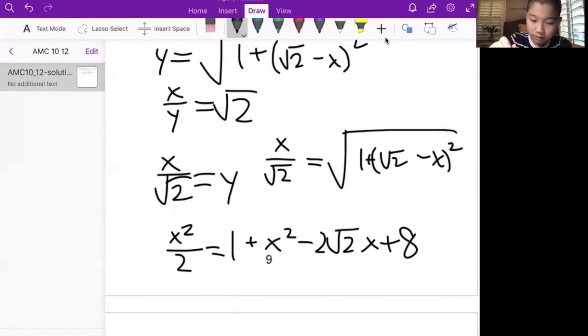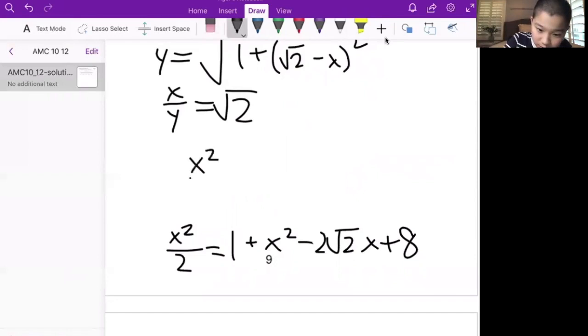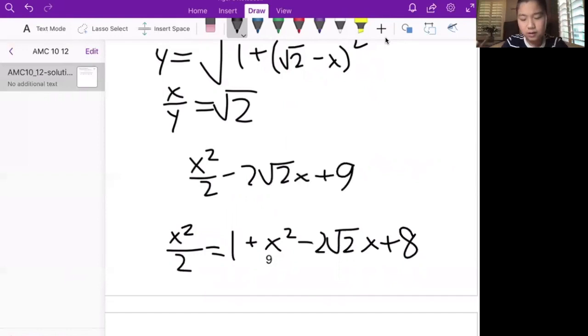So let's clear a bit of space. So we'll get this.